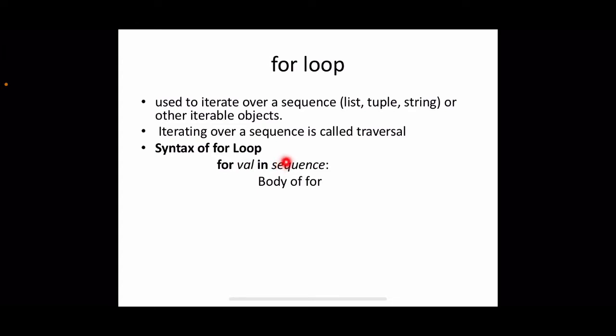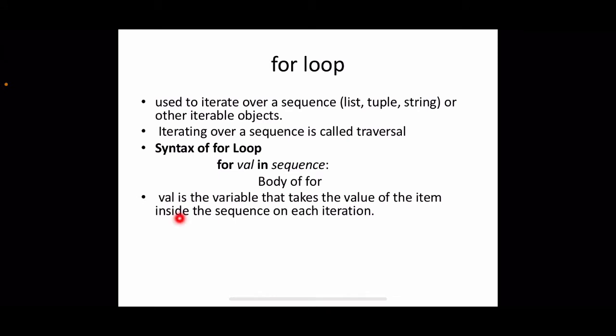Each item will be assigned to this and then the body of the loop will be executed for that item. Again the next item will be assigned to val, the body will be executed, and this procedure will be repeated until all the items in this sequence are served or processed. When the sequence is exhausted, the loop ends. That is the working of the for loop.